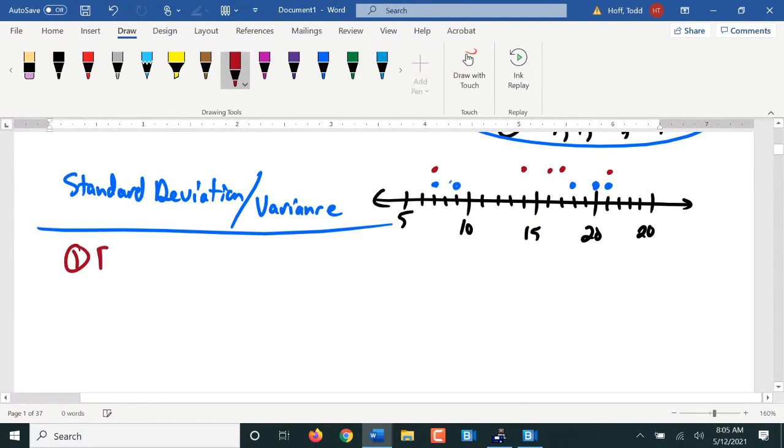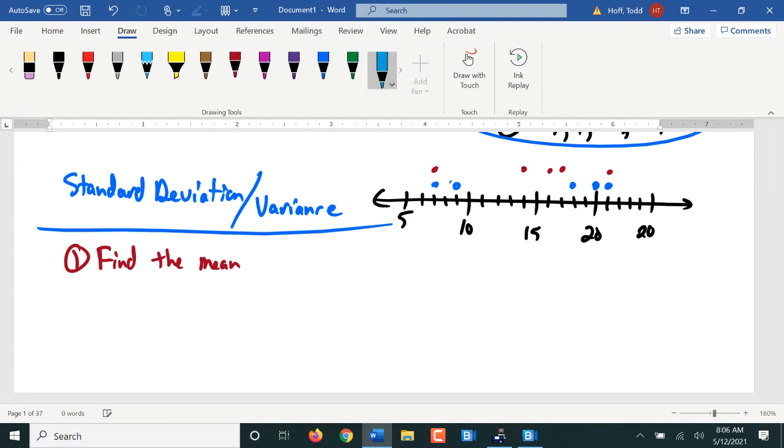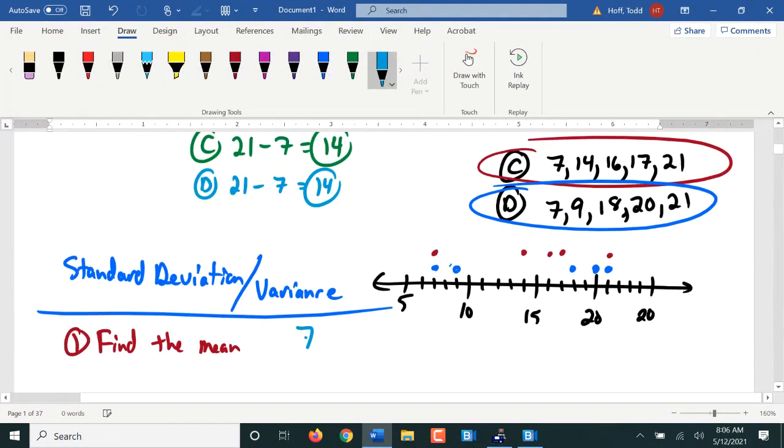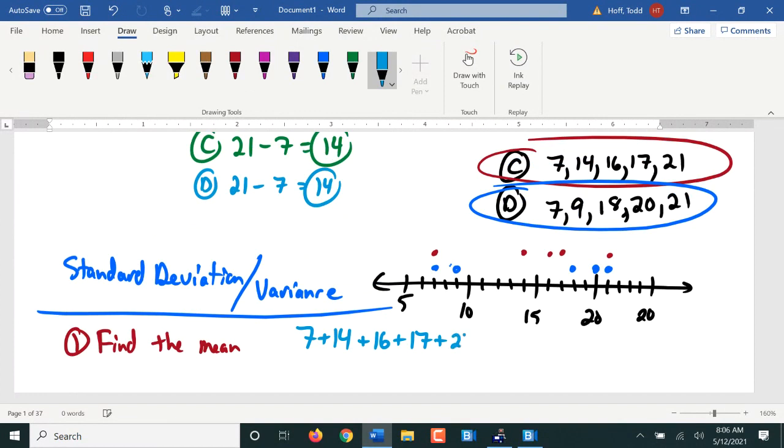Step 1, find the mean. Let's do set C here. 7 plus 14 is 21, plus 16 is 37, plus 17 is 54, plus 21 is 75. Divided by 5 gives us a mean of 15.